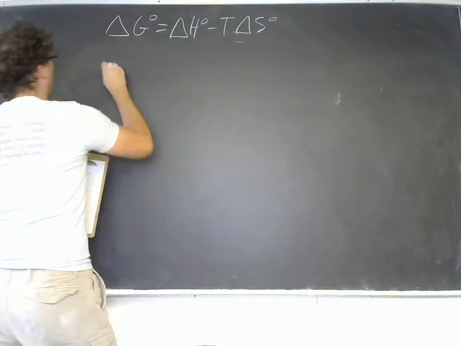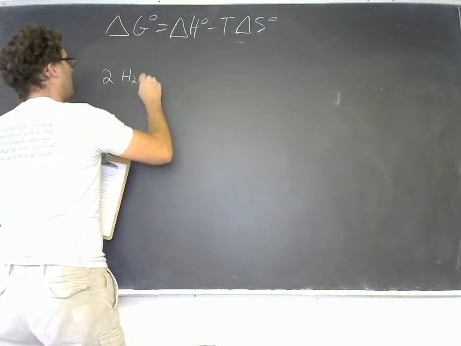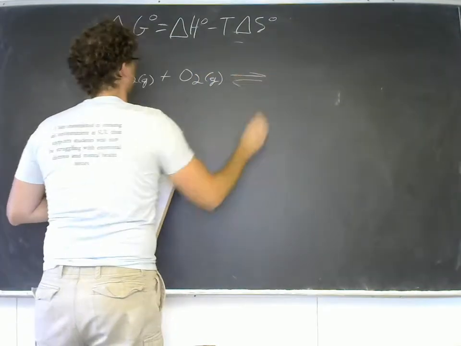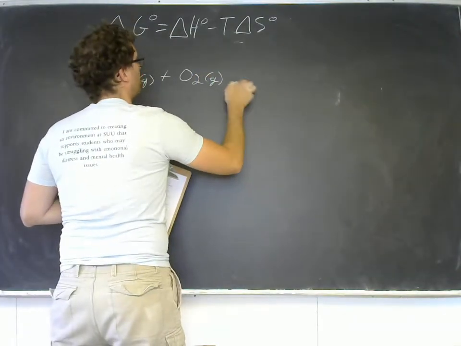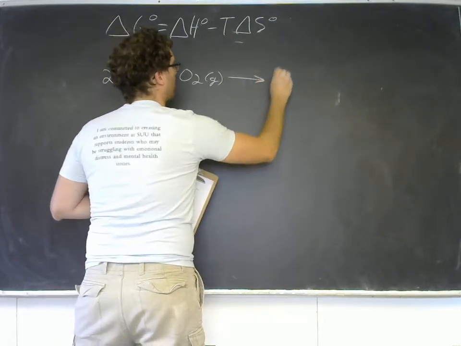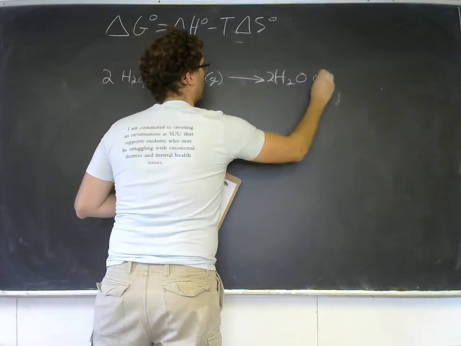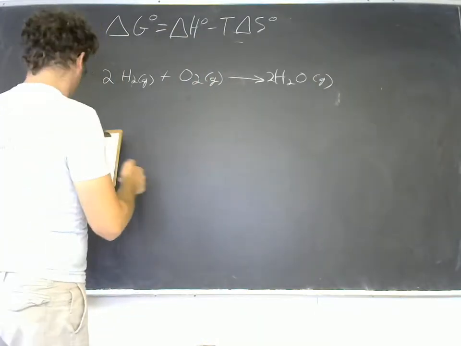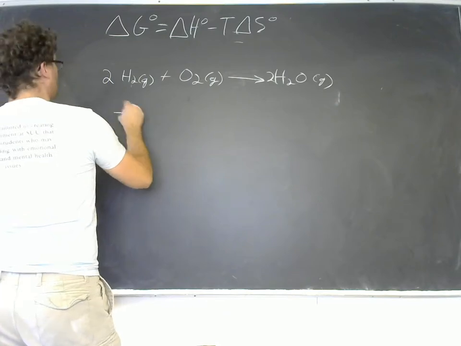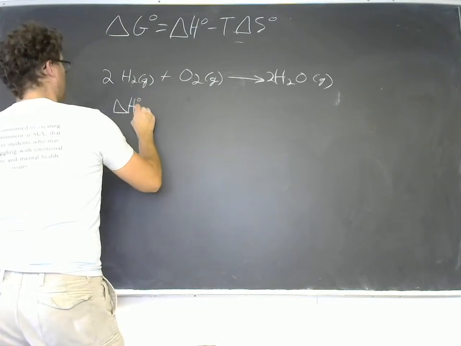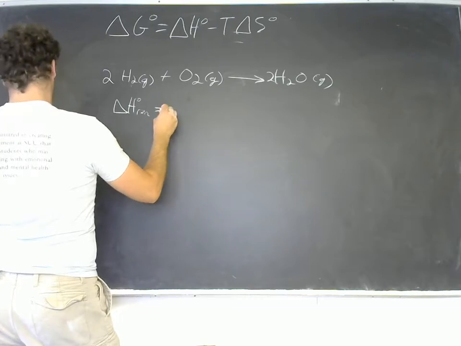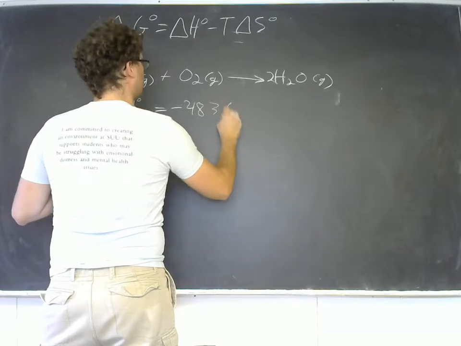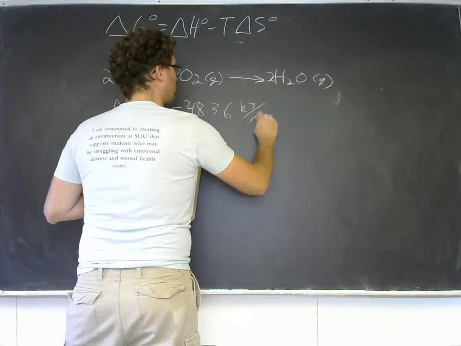And so let's look at an example, a familiar one. Our formation of water from hydrogen and oxygen. This is the example we used in the last section. And we knew that it had a delta H naught of reaction equal to negative 483.6 kilojoules per mole.